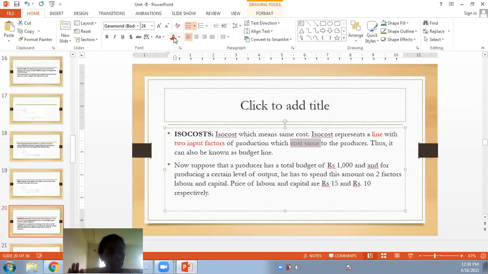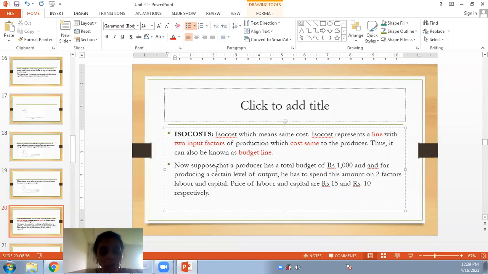From the producer's point of view, the cost of production is the same. As we are talking about a cost budgeting system, it is also known as a budget line. The isoquant is known as the iso-product, whereas the isocost is known as the budget line.